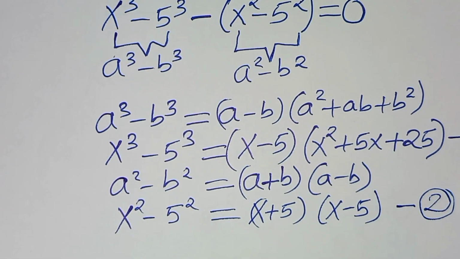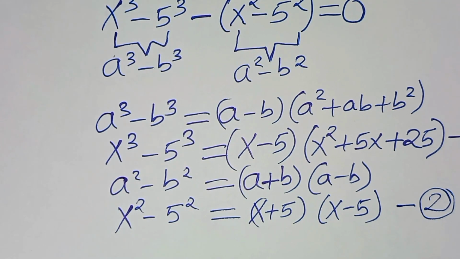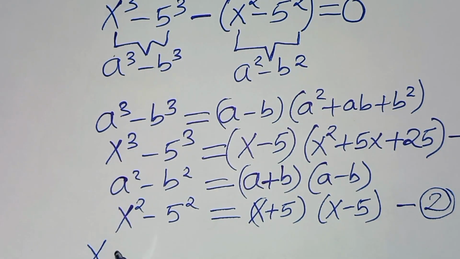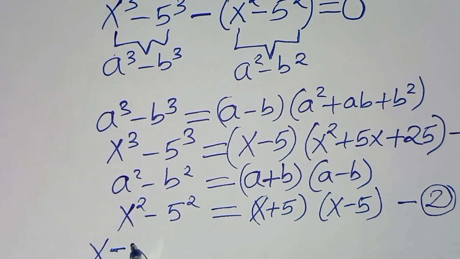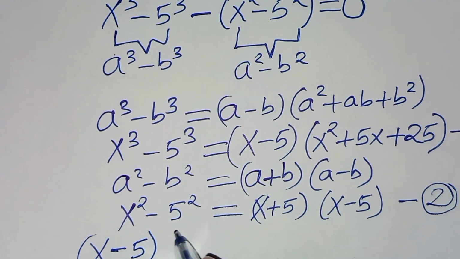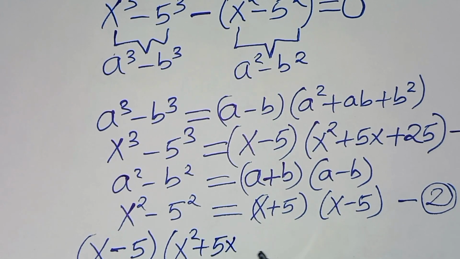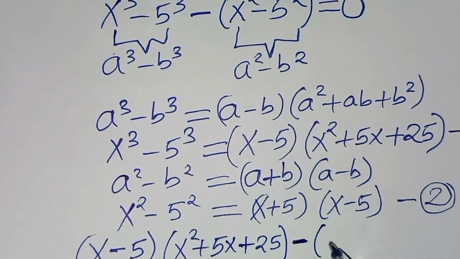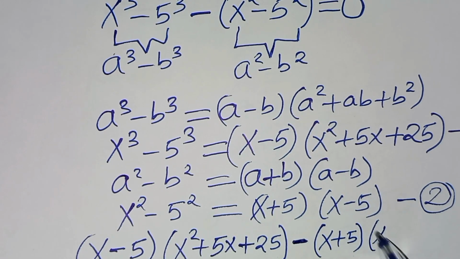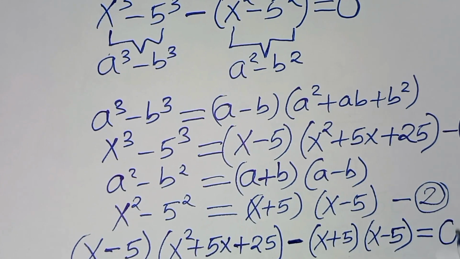Now let's combine equation 1 and 2, so that now we have x subtract 5, we have x squared plus 5x plus 25. Now subtract, now here we have x plus 5, we have x minus 5. This is equal to 0.